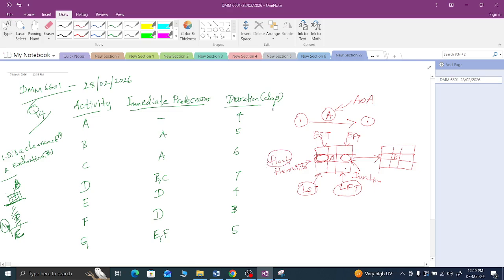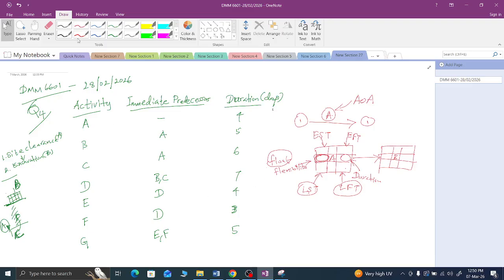Commonly we call it float. I can't remember the other name. If I remember, I will tell you that, right? So float, flexibility, and some other name is also there. Okay, let's move and solve this one.